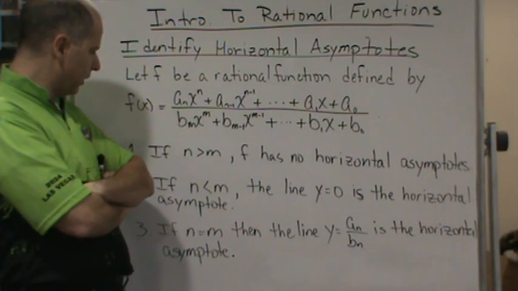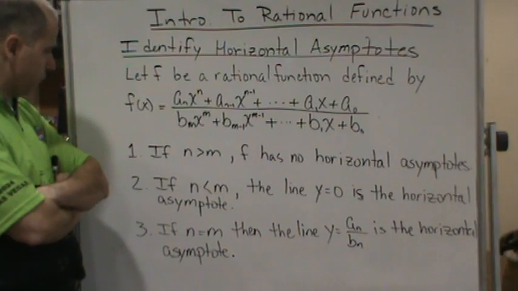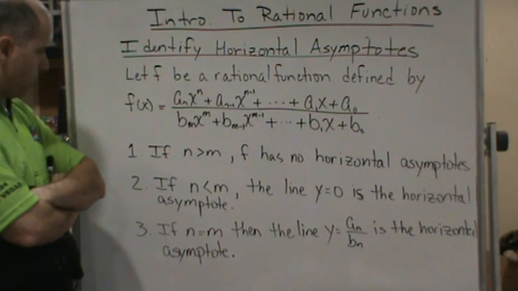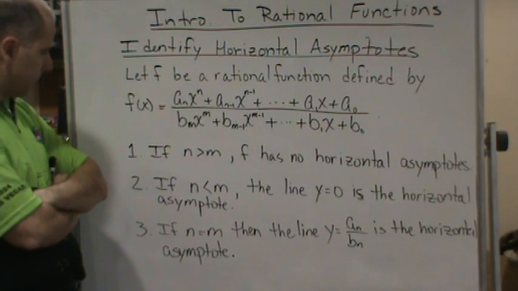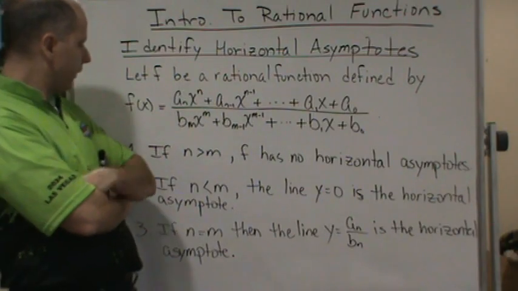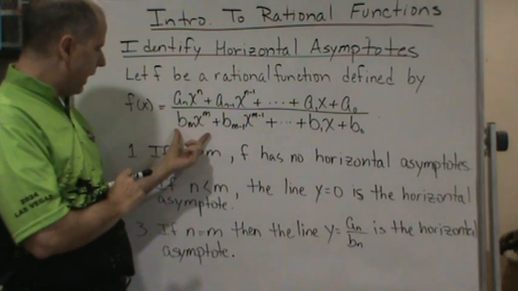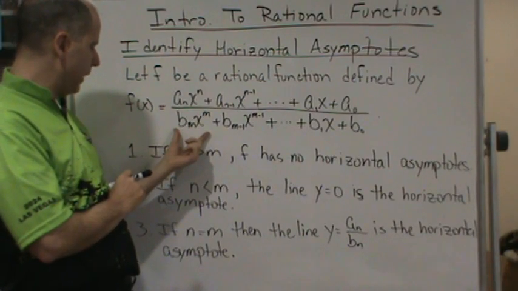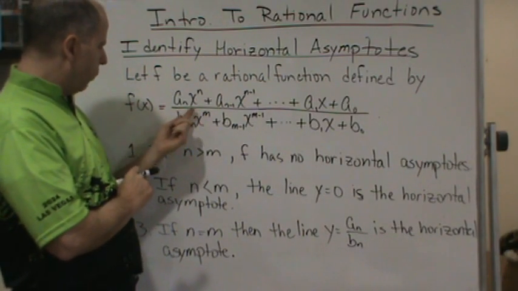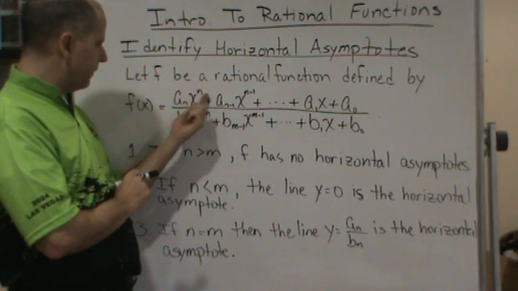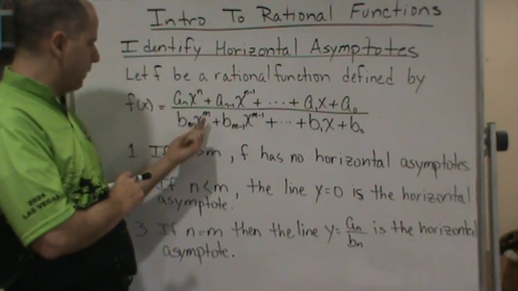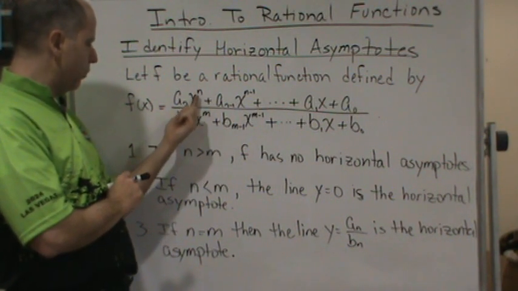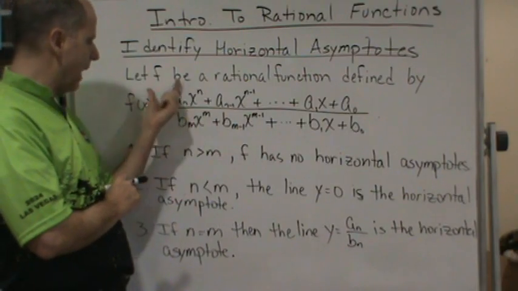And in this case here, as x approaches infinity, right? Let's say positive or negative infinity. What happens if the exponent on top is bigger than the exponent on bottom? In other words, if n is bigger than m. Well, what's happening here?